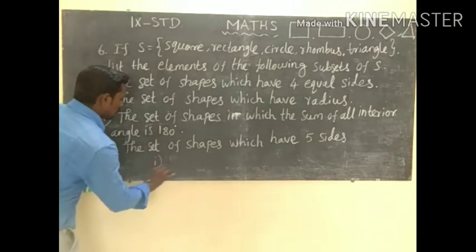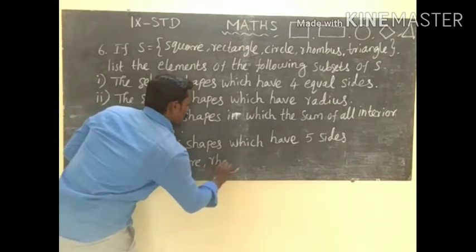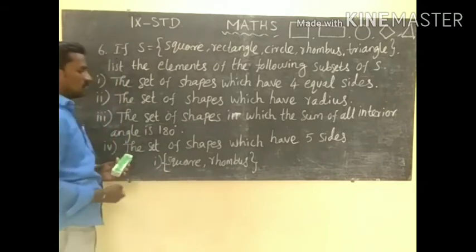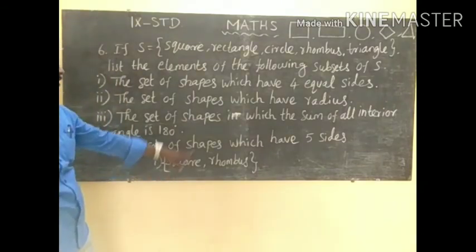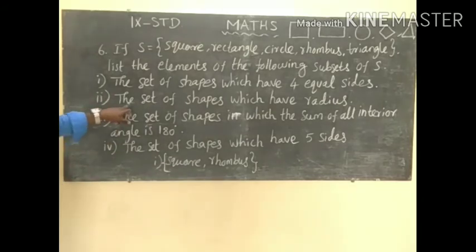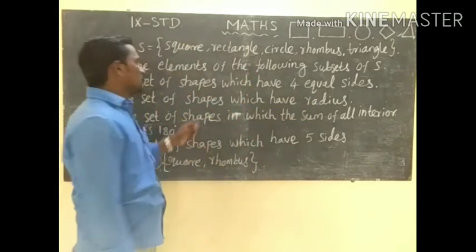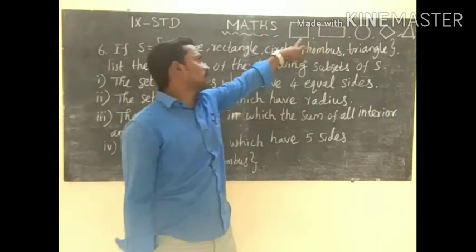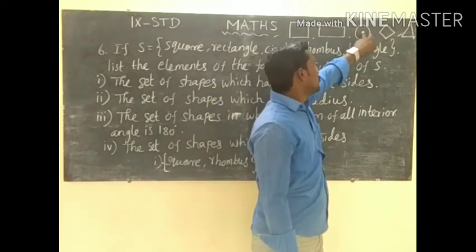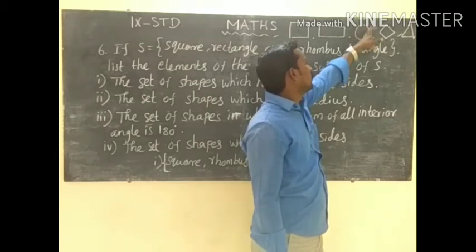The first question's answer: square and rhombus. This is a subset. Then the second question: the set of shapes which have a radius. There is no need of a radius here, and here also no need. The radius is needed only to draw the circle.